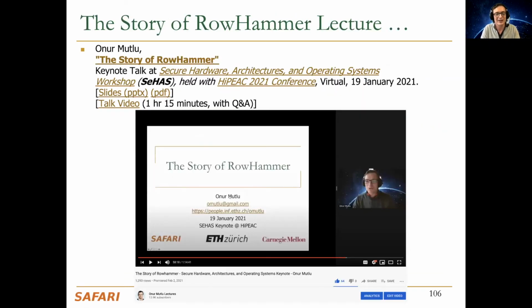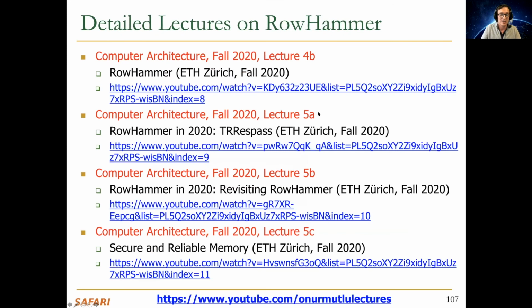If you cannot wait and you really want to learn more about it, this is a recent lecture that I delivered at the HiPEAC conference that talks about the story of RowHammer. This is essentially covering the state of the art. This was last month. And we have more lectures. This course will not go into a lot of advanced concepts.